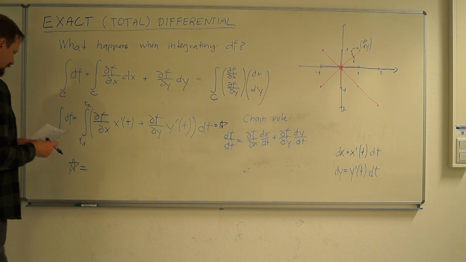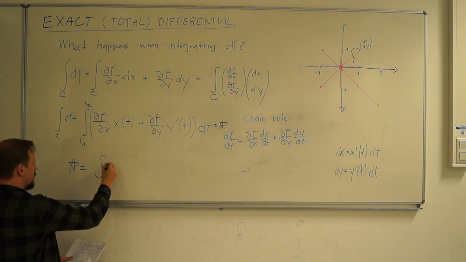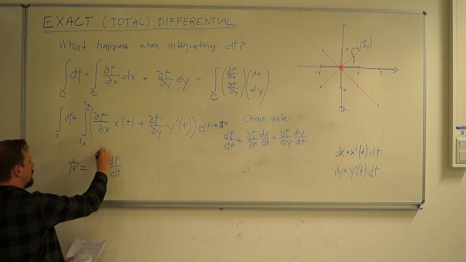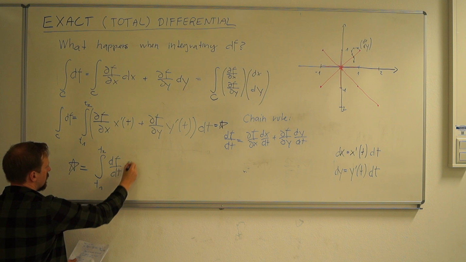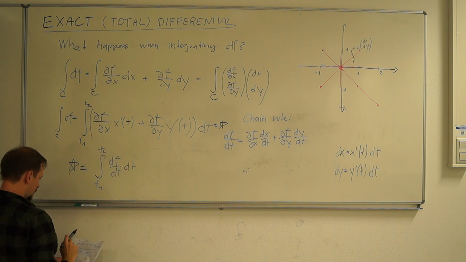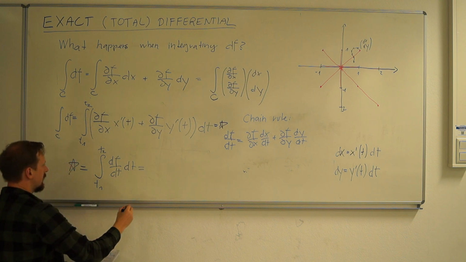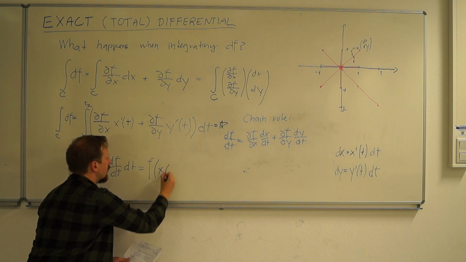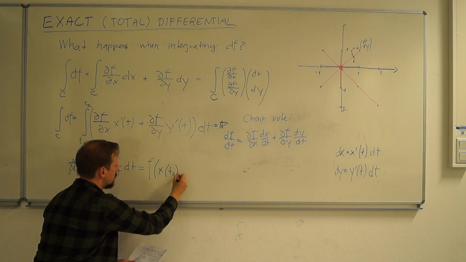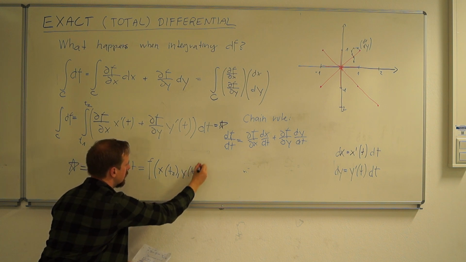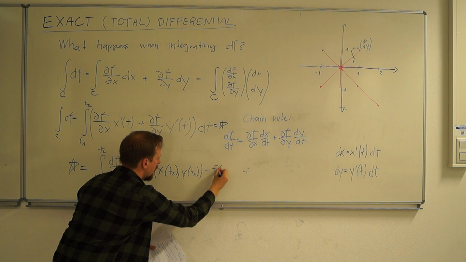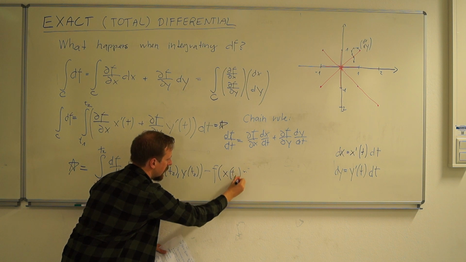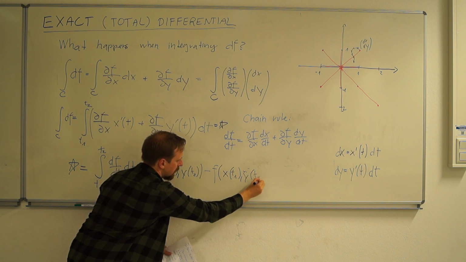Therefore, we can write here this integral with a different notation. So we have here df over dt being integrated between t1 and t2. And this is nothing but the function f itself evaluated at x of t2, y of t2 minus f dependent on x evaluated at t1 and y evaluated at t1.